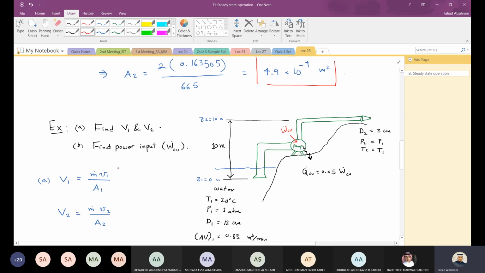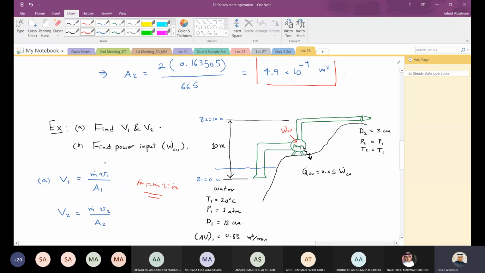Okay, so if you look at this equation, and at the exit is similar, the velocity at the exit is m dot times V2 over A2. Here we have the specific volume at the exit, area at the exit. Since this is one inlet, one exit pump, I have m dot 1 equals m dot 2 equals m dot. Okay, so this is a mass balance, and this is the equation that we can use to find the velocity. Similar procedure, we will follow exactly the same as we did in the previous example.